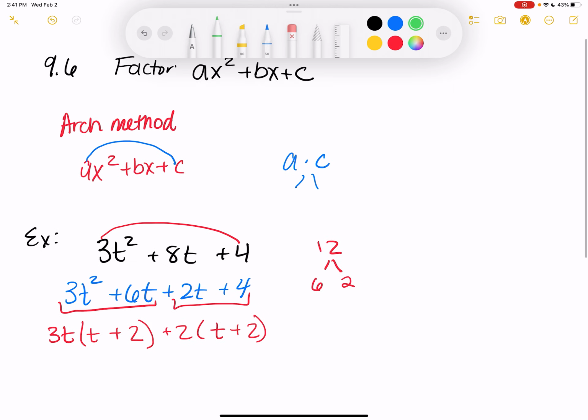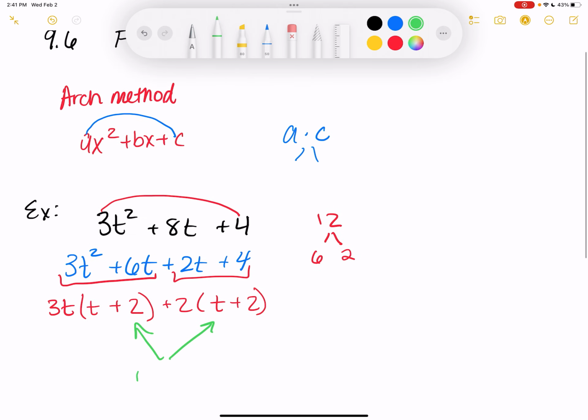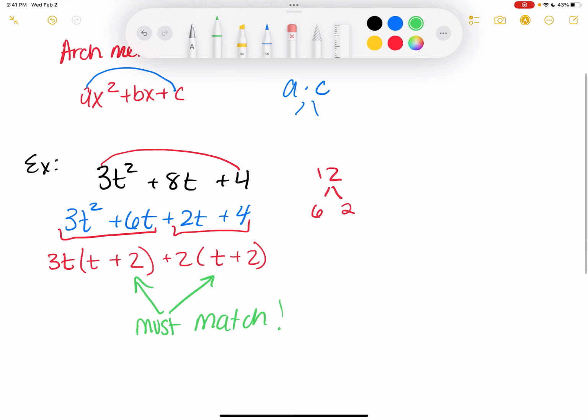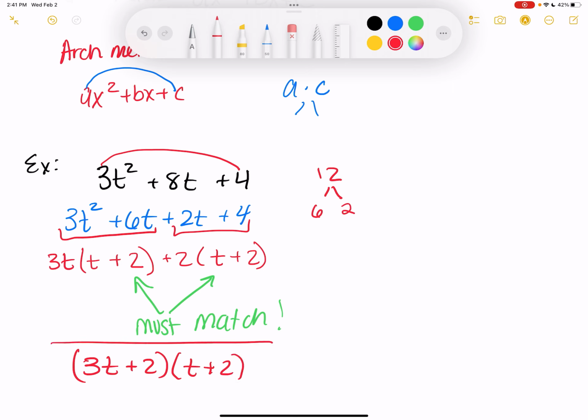Again, these two things here still have to match. Must match. Okay, if they don't match, something's wrong. You need to go back and do it again. But with that, then our final answer, copy down the stuff outside of the parentheses. So we've got 3t plus 2 times t plus 2. And that would be our final answer.